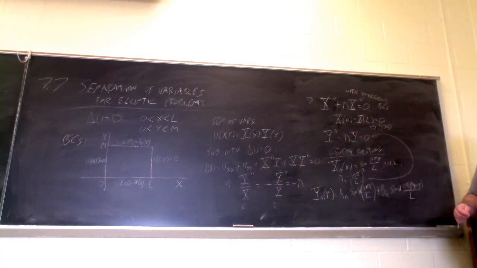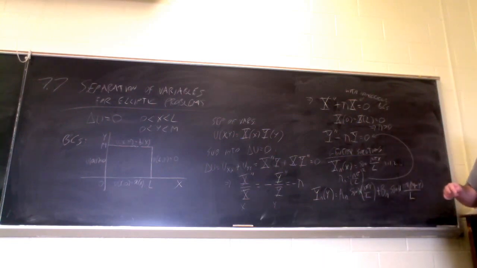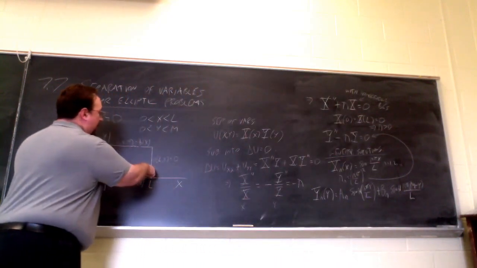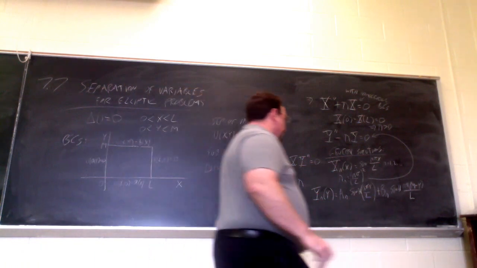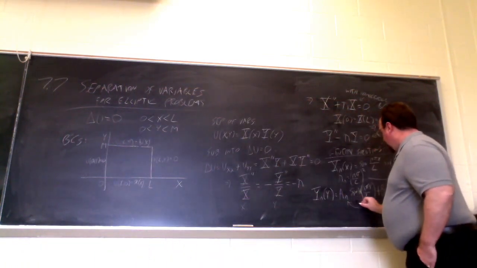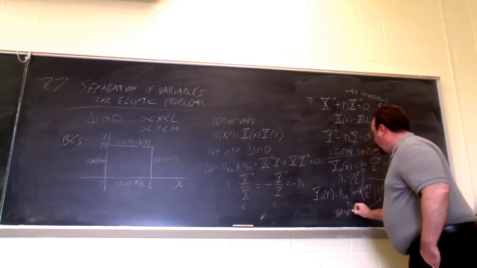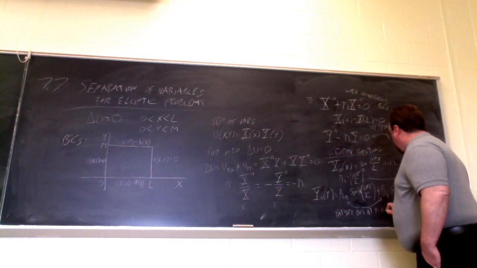It makes it easier to find these constants to satisfy these remaining two boundary conditions. So at this point, these two boundary conditions are automatically satisfied. I still need to satisfy these. So I need to satisfy the BCs at y equals 0 and y equals M.